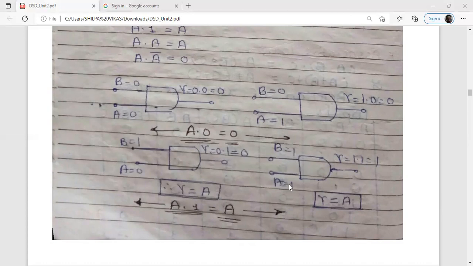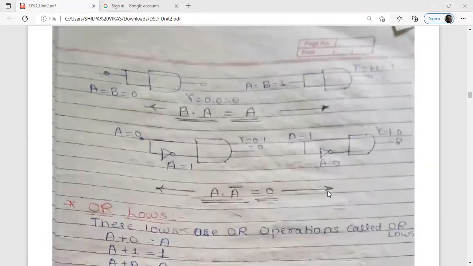So here we said B is equal to 1, so here A is equal to 0 and here A is equal to 1. So Y is equal to A dot 1, and 1 dot 1 is equal to 1, so Y is equal to A. Okay, so in this way we can prove the AND law.